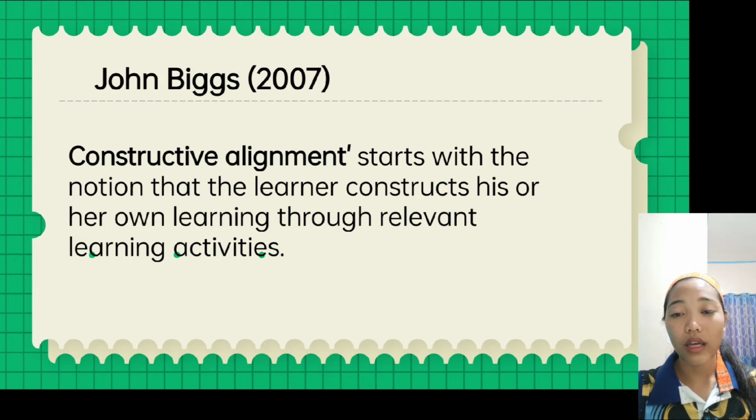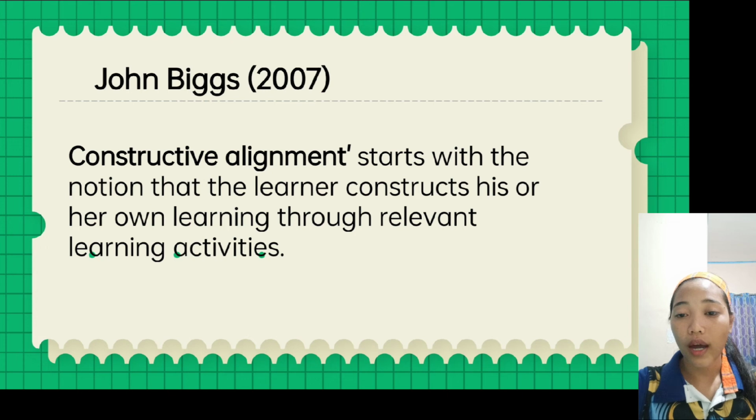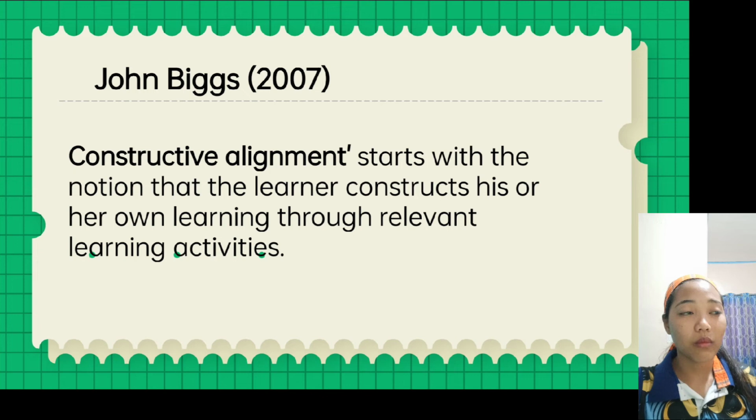So as stated here, John Biggs says that in order for students to learn what they need to learn, they construct or formulate their own ideas. They learn new knowledge by their own activities.